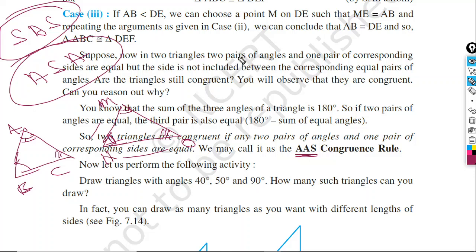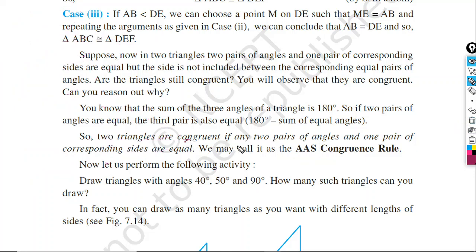Now the case arises where two triangles will be congruent if any two pairs of angles and one pair of corresponding sides are equal. Then we can say two triangles are congruent. Let me show you in a figure.